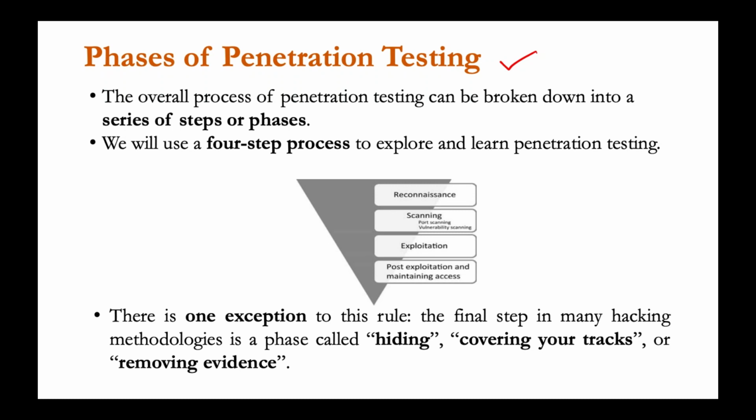For example, some methodologies use the term information gathering, whereas others call the same process reconnaissance, recon, or even OSINT. For the purpose of this course, we will focus on the activity of the phase rather than the name.